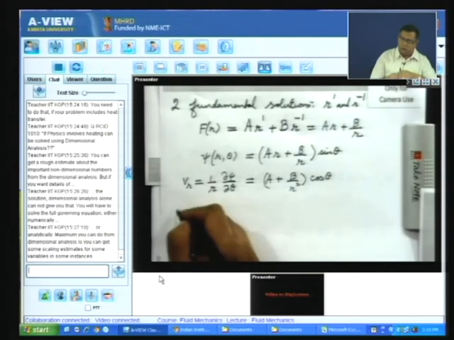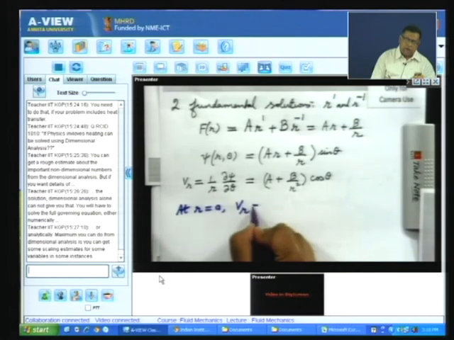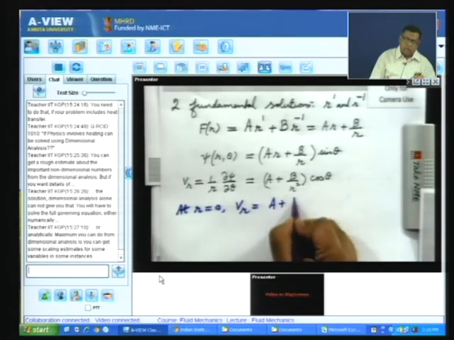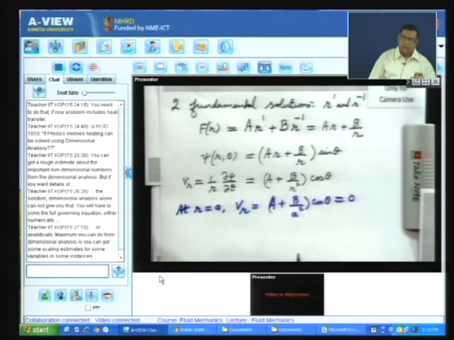Now, on the surface of the cylinder, that is at r equal to a, V r will be A plus B upon a squared, cos theta. This must be equal to 0 for all angles. That means A plus B by a squared must be 0, or B will be equal to minus a squared into A.